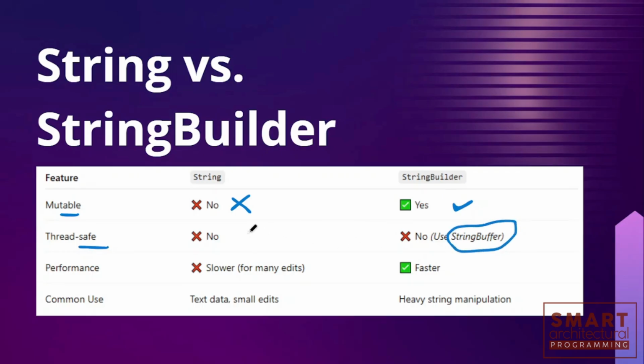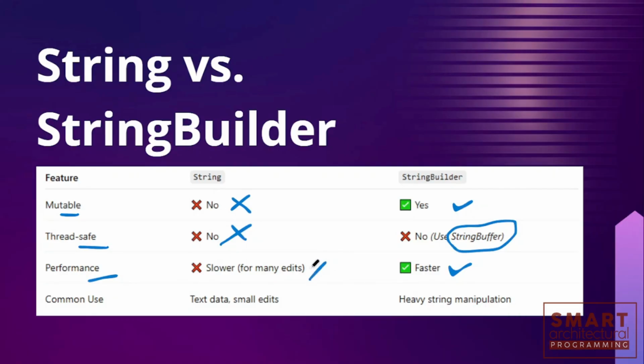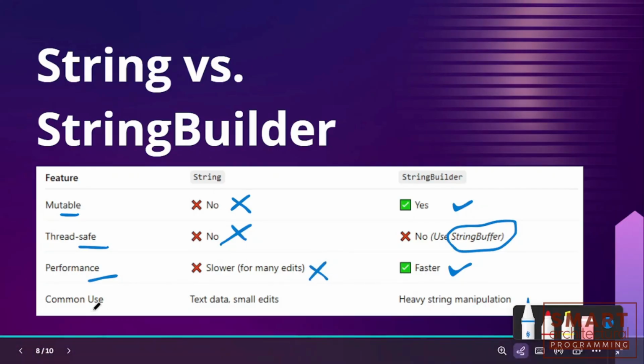A normal string is also not thread safe. If you want to talk about performance, StringBuilder is faster, while normal strings are slower for many edits. What is the most common use of each? StringBuilder's most common use is heavy string manipulation, while strings are commonly used for text data and small edits.